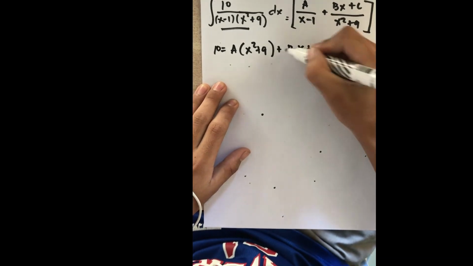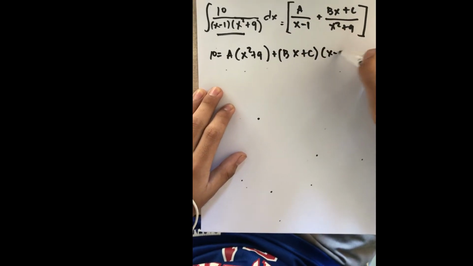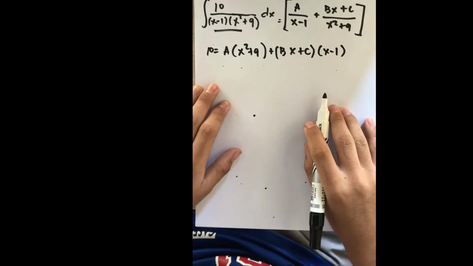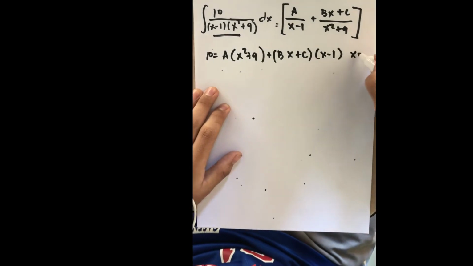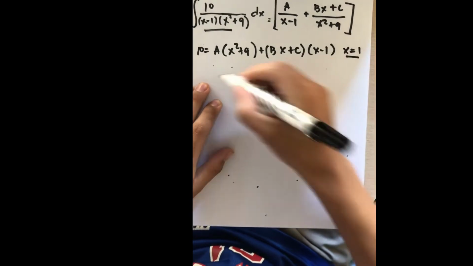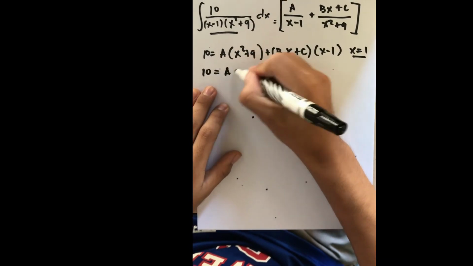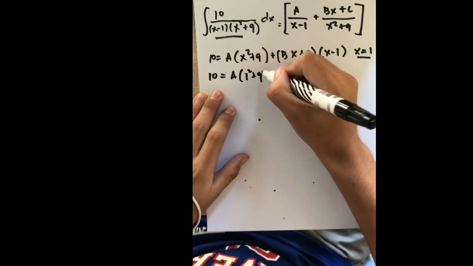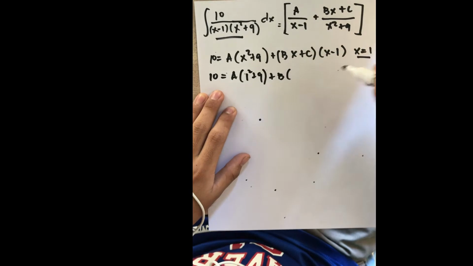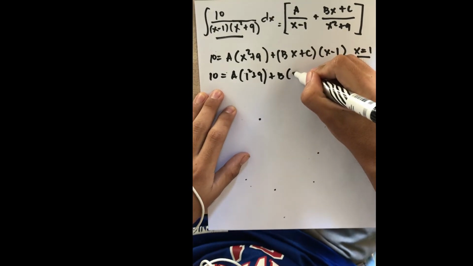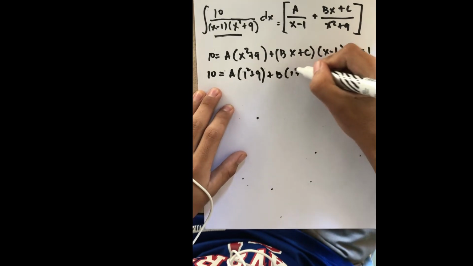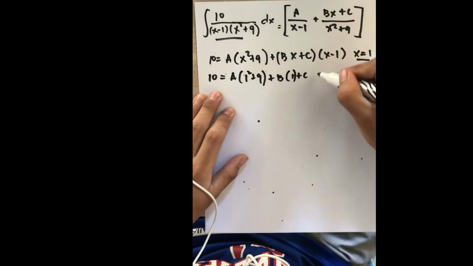So 10, since this will be cancelled, is equal to a times x squared plus 9 plus bx plus c times x minus 1. Let us substitute x equals 1.